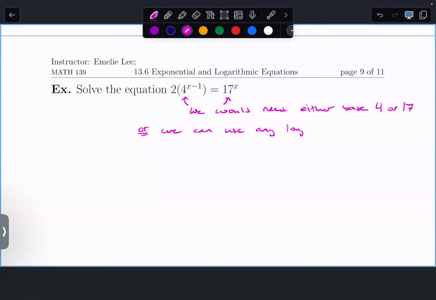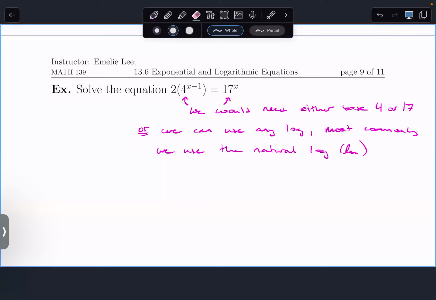But most commonly we use the natural log, kind of ironically, because there's a common log. Or we can use any log. Most commonly, we use the natural log, ln.